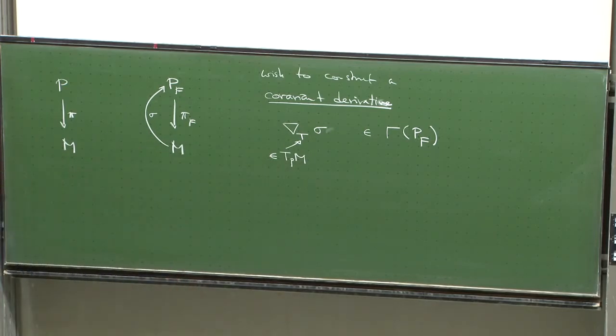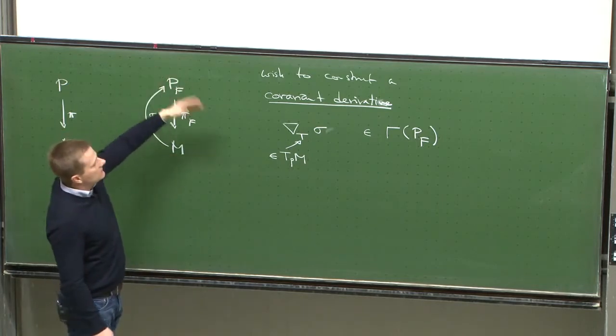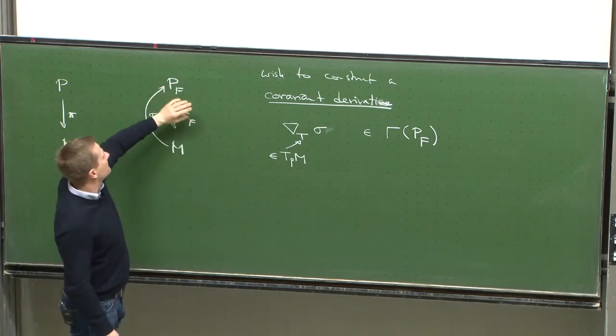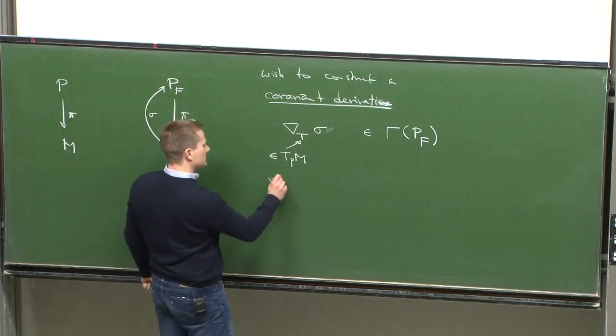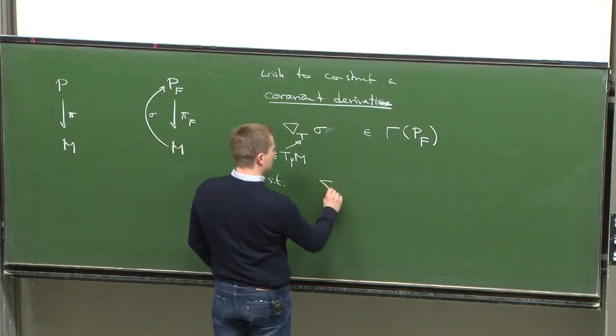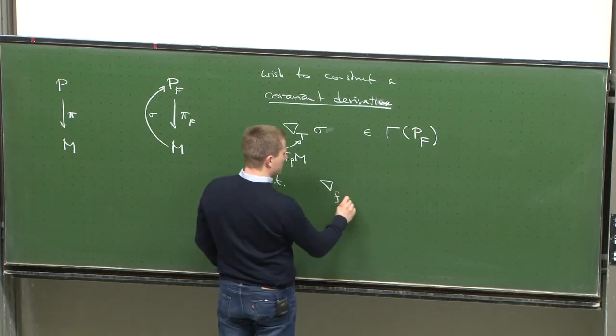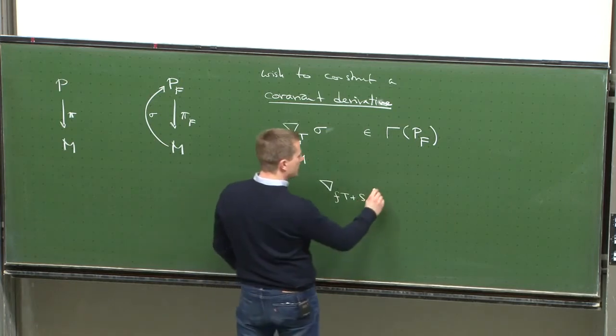So a covariant derivative acts in some direction, t, on the base manifold, on the tangent space to the base manifold, and it makes a section of the bundle into a section of the bundle. So if this is the associated tangent bundle, it's again a vector field. If this is some tensor bundle, it's again a tensor field. That's what you know. Such that, and we have some requirements there, and one is that in this lower index t, it ought to be C infinity of M linear.